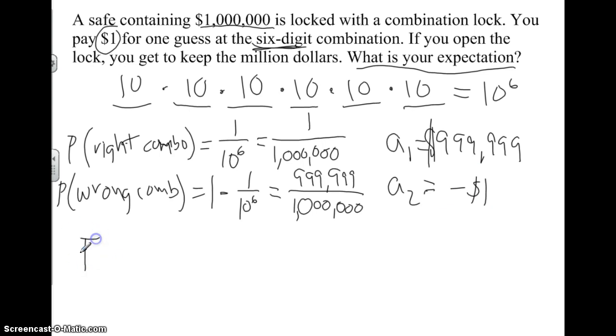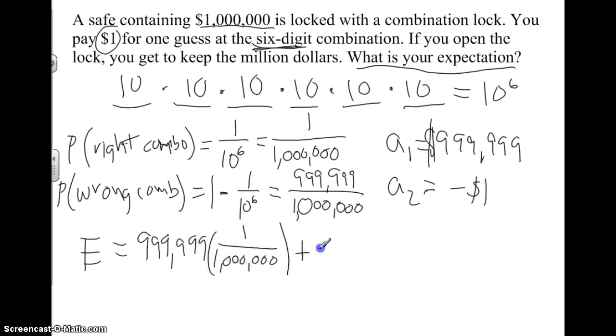So our expected value is 999,999 coming from here times the probability, plus our payout for getting a wrong combination times the probability, equals, interestingly, 0.